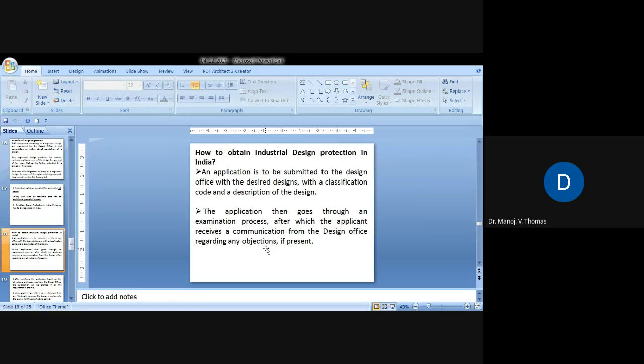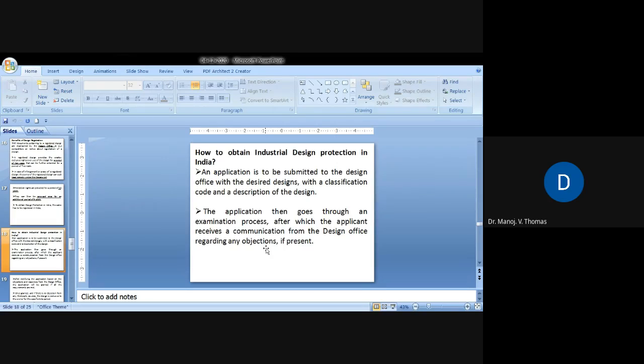So you file the application, they publicize it, and after a certain period you get communication from the design office regarding any objection. If you have copied a design from somebody else, another company will point out that it is not original. So if we have an objection to a particular application, we can raise our concerns.